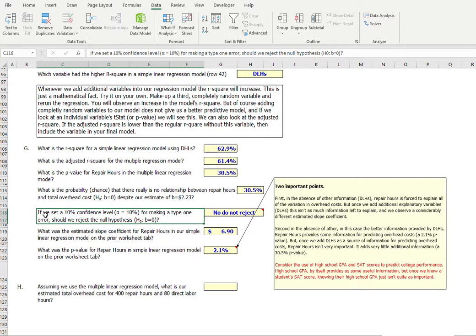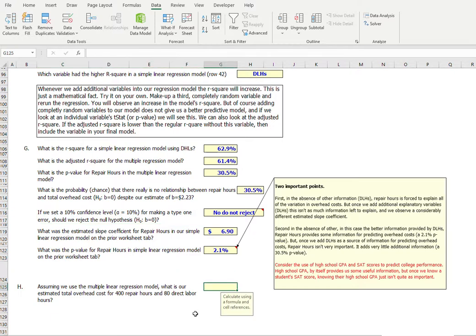And so we don't want to use a model that will include both direct labor hours as well as repair hours. But for the sake of argument and exercise, if we use our multiple linear regression model, what is our estimated overhead cost for 400 repair hours and 80 direct labor hours?